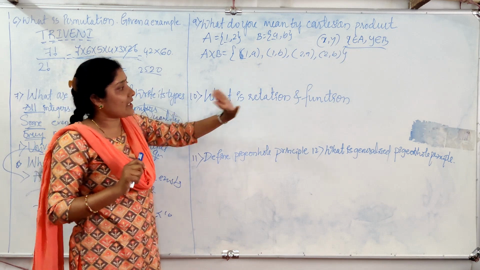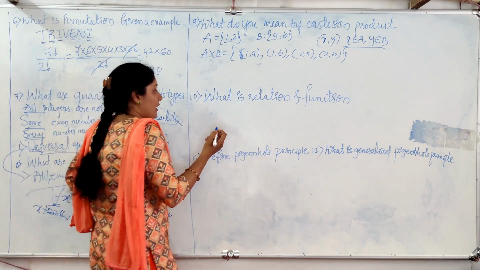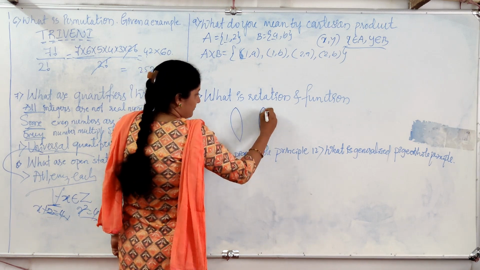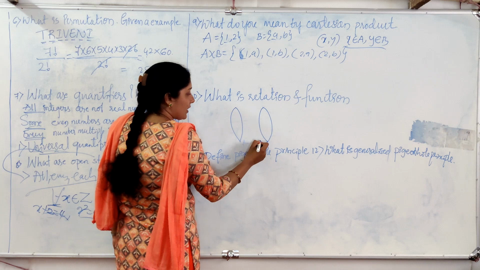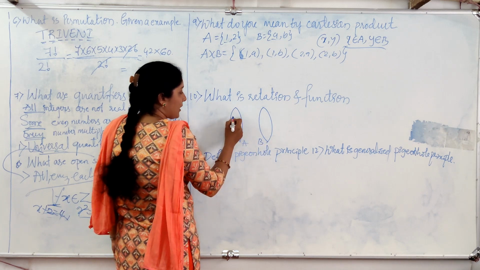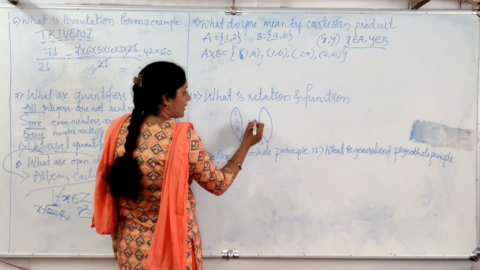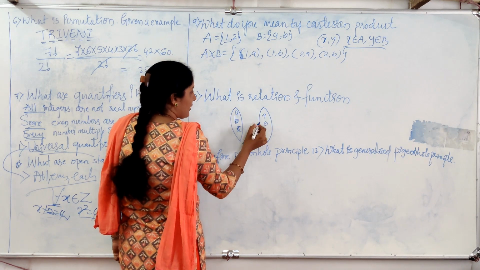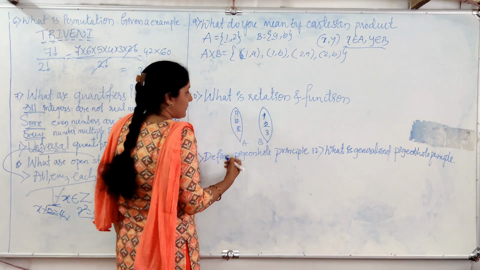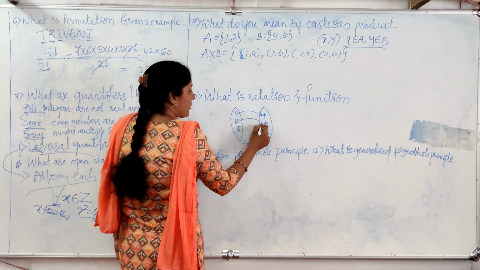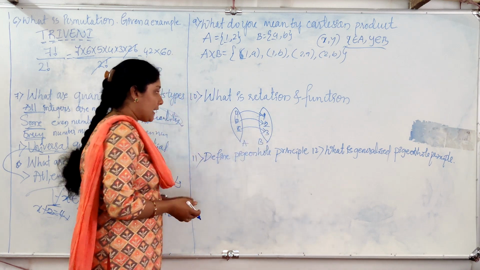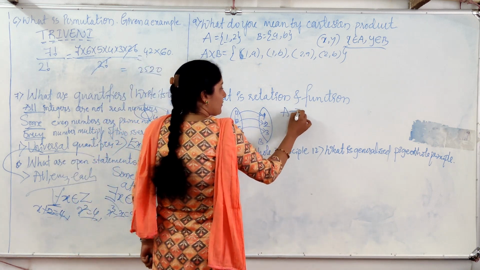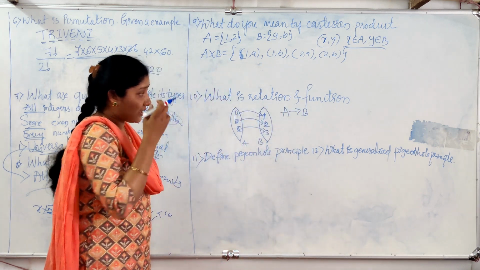Next, what is relation and function? We have already studied that. Take two sets, say A and B. Let me take A as a, b, c, and here B as 1, 2, 3. The relation from each element of A to each element of B is a relation from A to B. So what is a relation here?